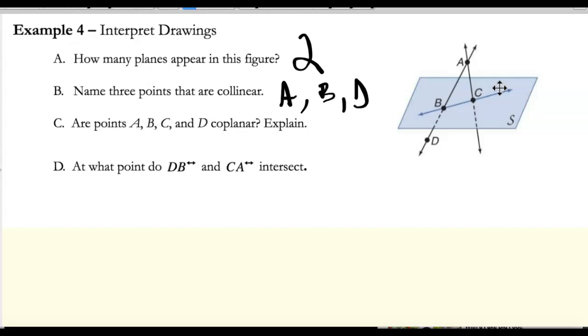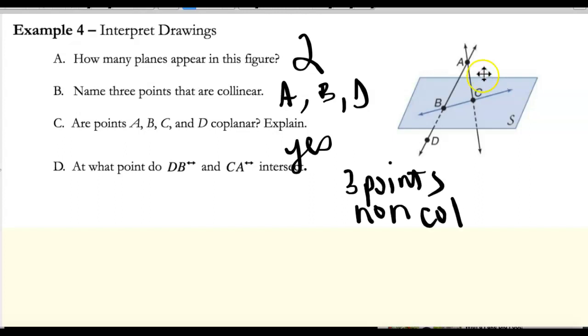They want us to know if A, B, C, and D are coplanar, and to explain. They would be on the same plane, so yes, because 3 points that are non-collinear make a plane.